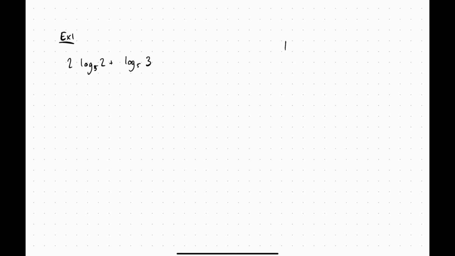If I've got log base 2 of 4 plus log base 5 of 3, there's nothing I can do here. I think there are some rules you can apply with different bases, but I don't even know if it appears in Cambridge at all. Maybe it will appear in a different lesson, but don't worry about anything like that. Different bases, these laws don't apply.